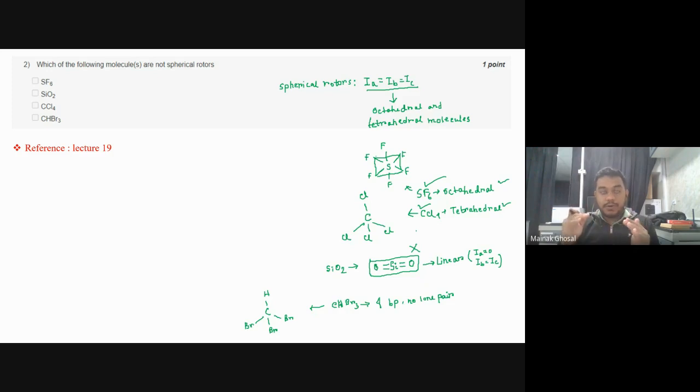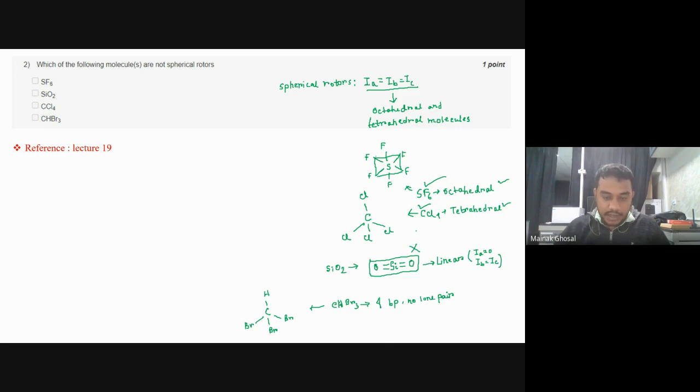So these four bond pairs should correspond to either a square planar structure or a tetrahedral structure. Square planar structure is observed in some cases, but in these cases you will observe this structure. This is the tetrahedral structure.